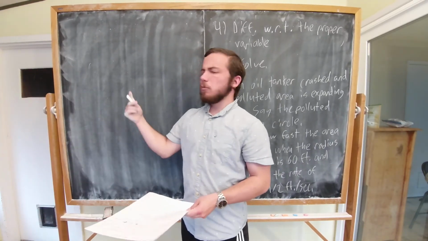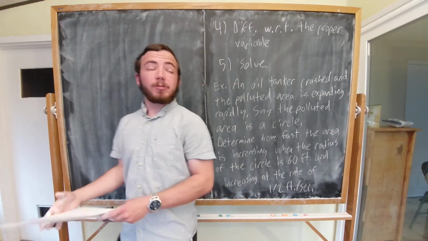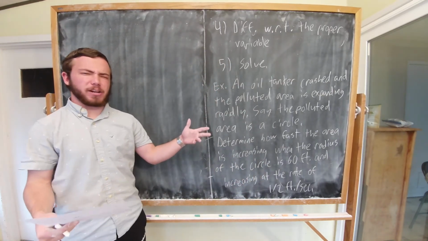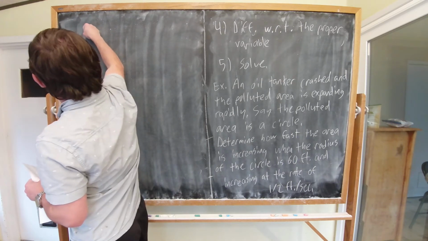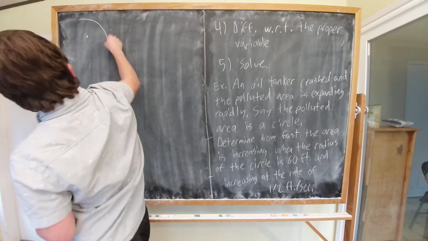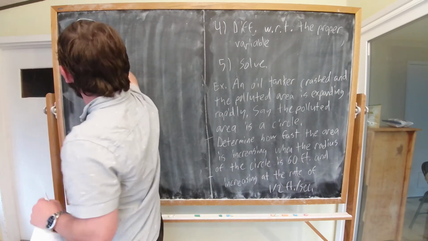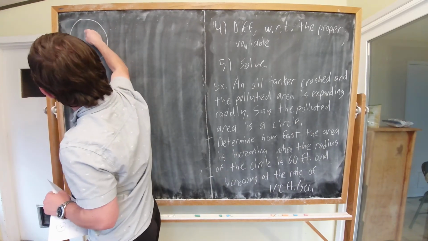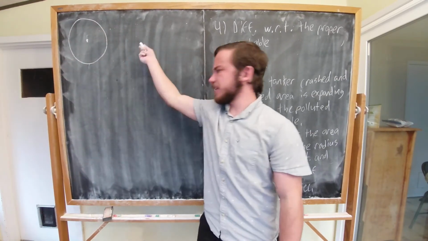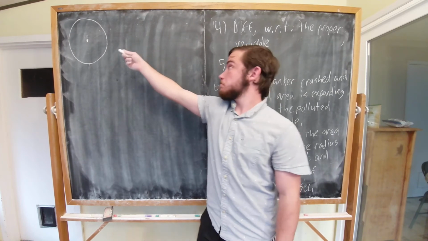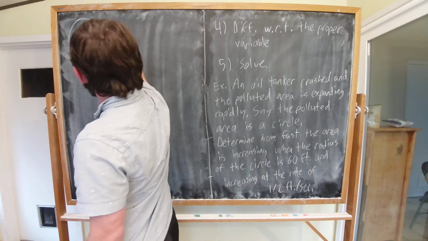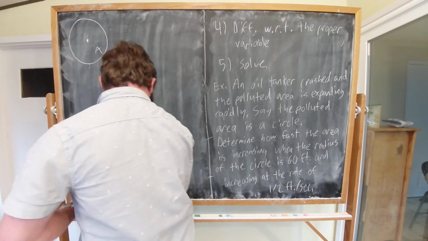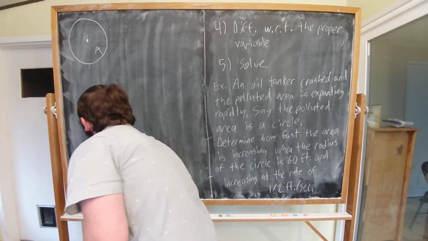Alright, step 1, let's assign our variables proper names and draw any pictures that might be helpful. Here, we've got a circle, so I probably should draw a picture. It's probably helpful. Okay, and I'll just label my variables on there. We've got our tanker in the center of the circle. Maybe the area of the circle is just A, that's our polluted area.